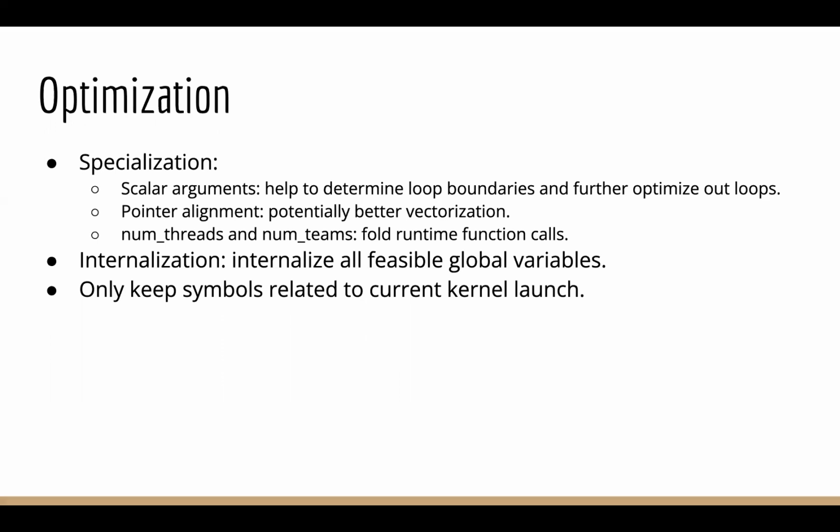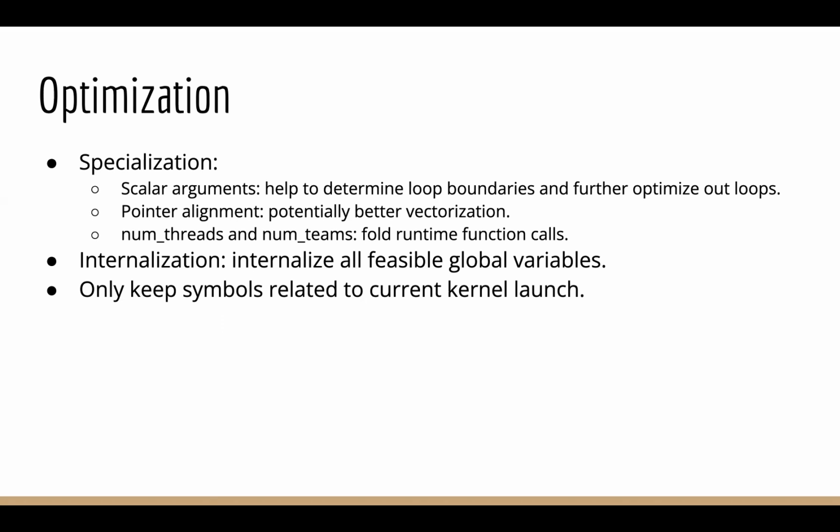And we also know how many threads and how many teams we are going to have. So we fold all those runtime function calls in the code such that it can also give us some better performance. We also have some internalization, basically to internalize all feasible global variables and help us optimize more code.